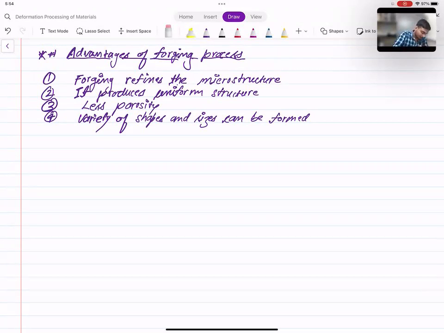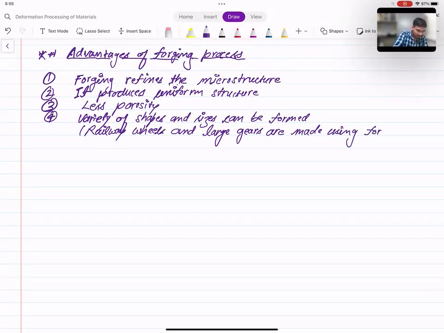So, railway wheels and large gears are made using forging. So this was an example for this advantage.